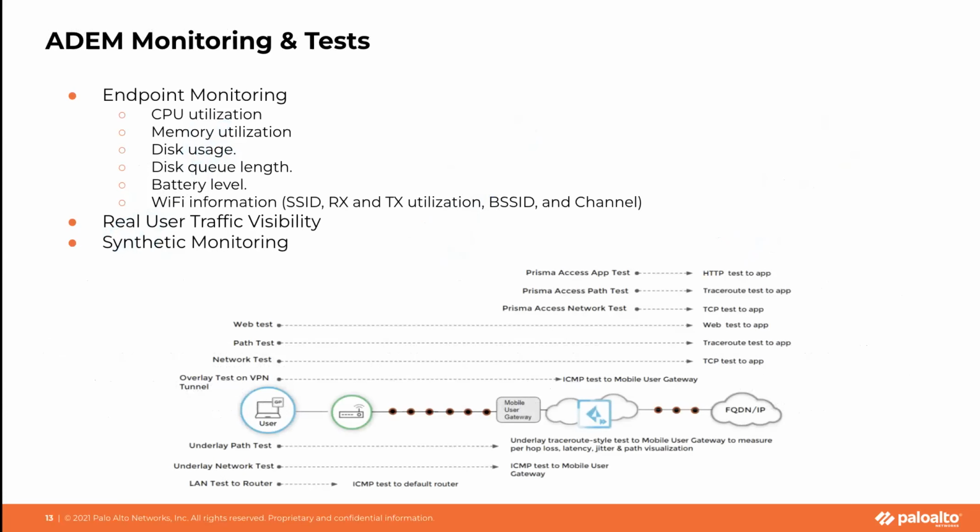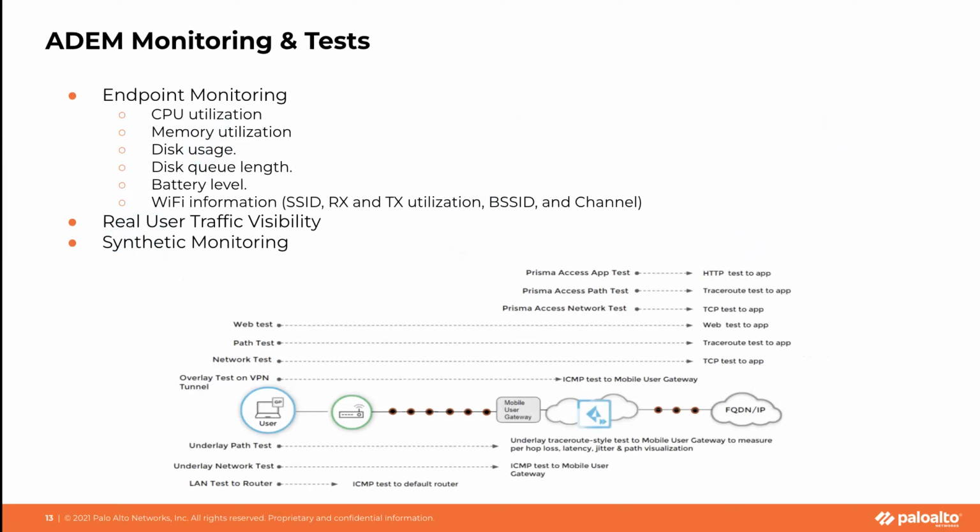One of the advantage of ADEM is that it continuously monitoring each segment in your SASE or secure access service edge environment, from the users all the way to the application, even if the users and applications they are accessing are not on your network.